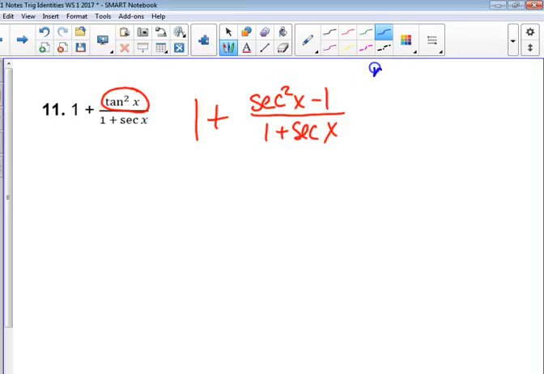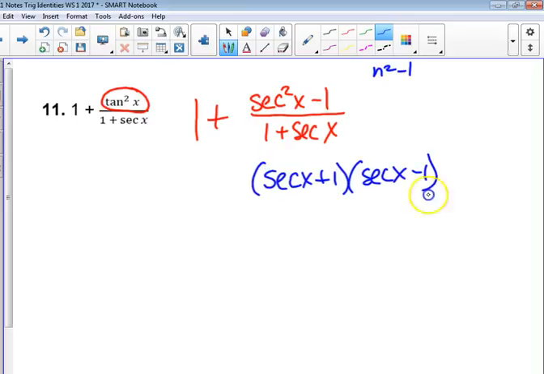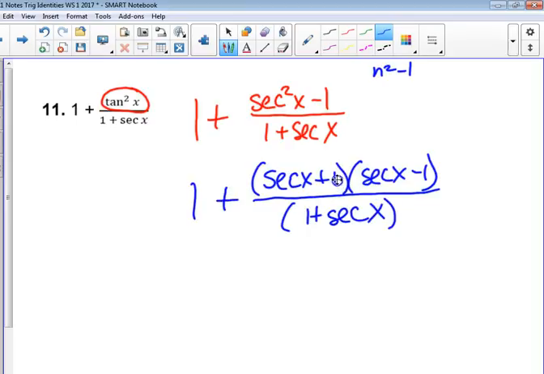This is like an n squared minus 1, right? Factors n plus 1 and minus 1. So if we take that and make it secant of x plus 1 times secant of x minus 1, it's over the top of 1 plus secant of x, which is exactly the same as what? Yeah, secant plus 1, secant plus 1. So what's left?